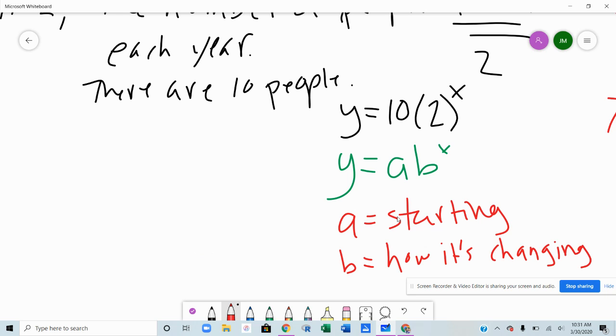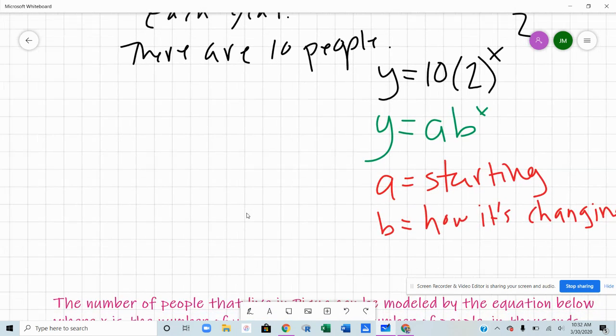So when you start with 10 people, you put 10 in the front, and if it's changing by doubling each year, you put your 2 inside the parentheses. If it says you start with $300, and it's cut in half each year, you put a 0.5, so you'd have 300 because you're starting with 300, and then 1/2 or 0.5 because it's half as much each year, and then to the power of x.